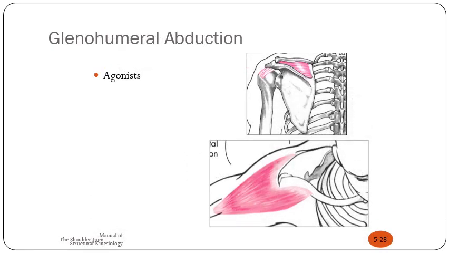So again, we also like to look at it just strictly from a movement standpoint. Glenohumeral abduction: the agonists are the deltoid and the supraspinatus. And you can see those muscles in the illustrations here as well.